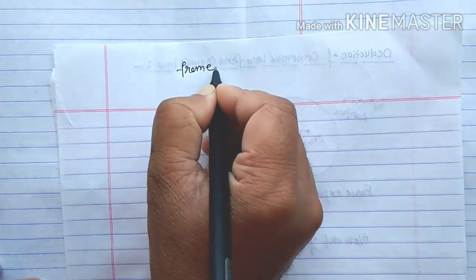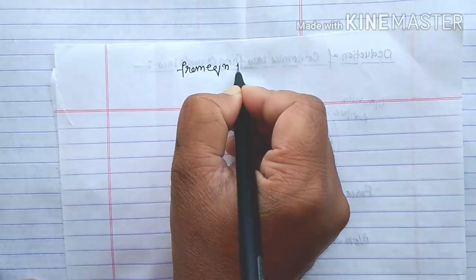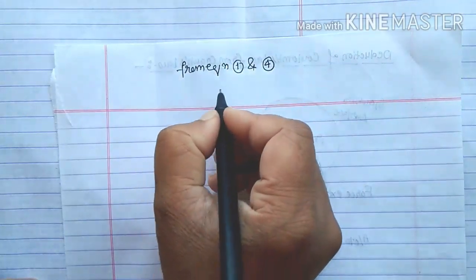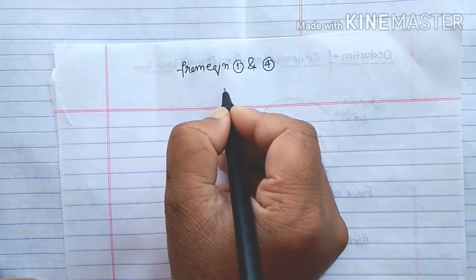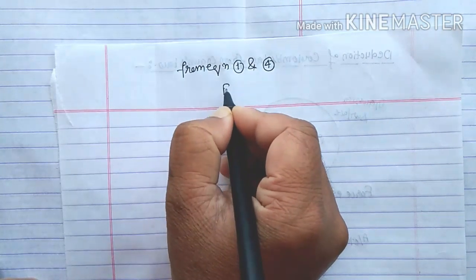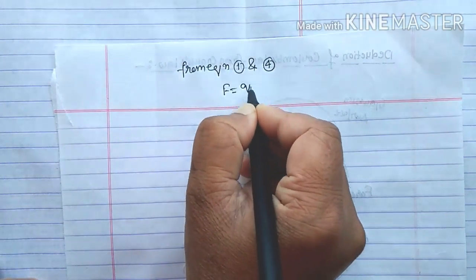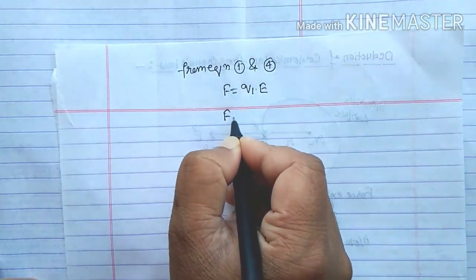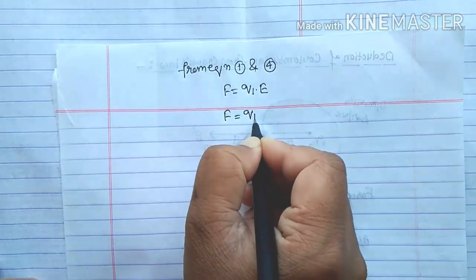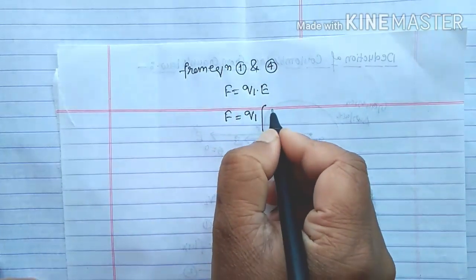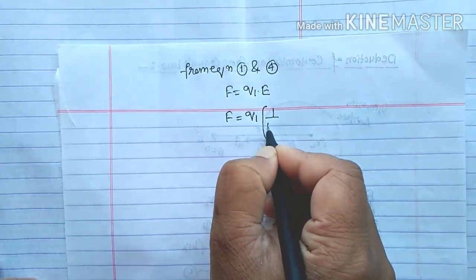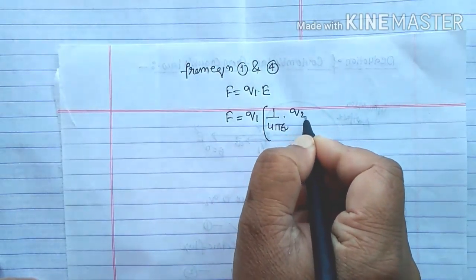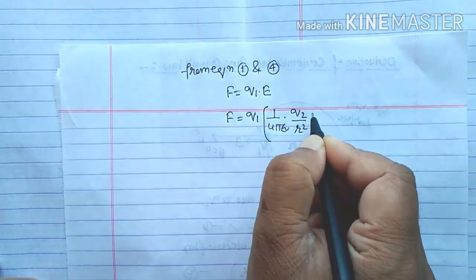So from equation 1 and 4, F is equal to Q1 multiplied by E, and E from equation number 4 is found to be 1 upon 4 pi epsilon naught Q2 by R square.